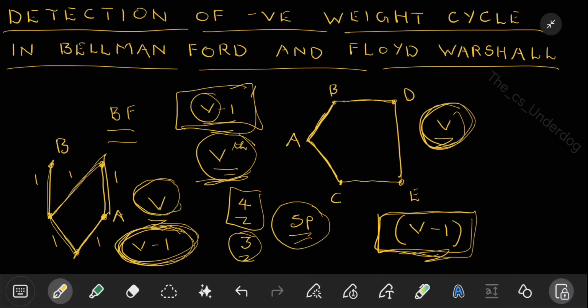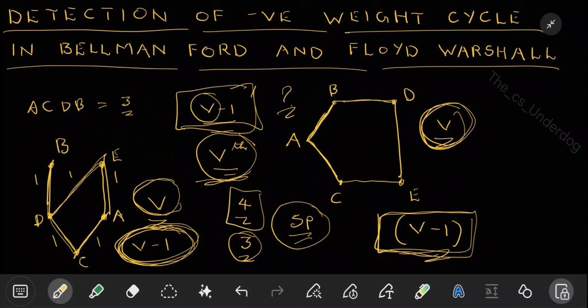If I'm taking the cycle and then going to B, what does that mean? If I'm taking the cycle and still getting the shortest path, that means this cycle is doing something to decrease the length of my path. Let me name all the vertices: A, B, C, D, E. If I go A, C, D, B, total length is 3.